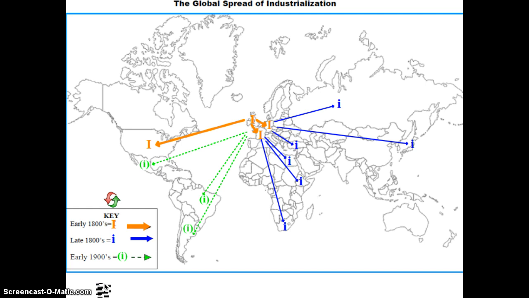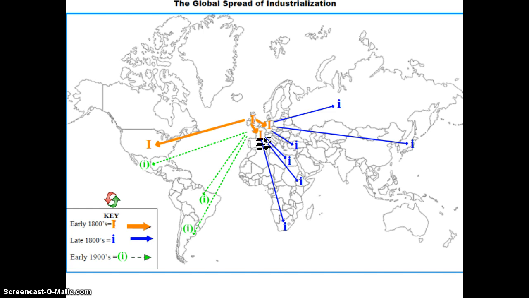So let's review our timeline of events here. Remember, industrialization begins in Great Britain in the early 1800s. It then spreads to Western Europe and to North America. In the late 1800s, industrialization spreads to Eastern Europe, it spreads to Asia, and spreads to Africa.